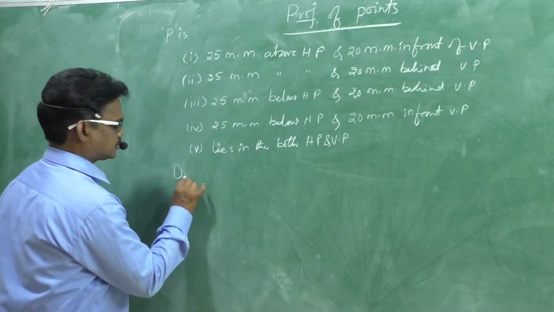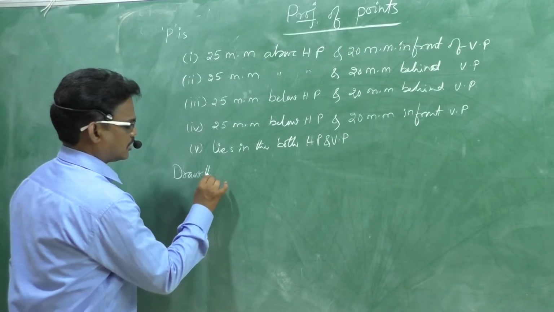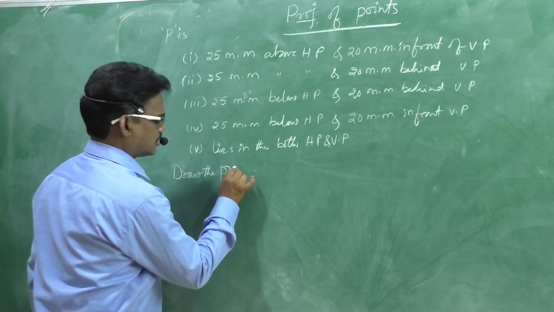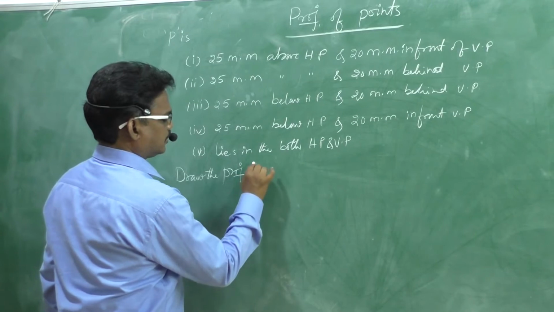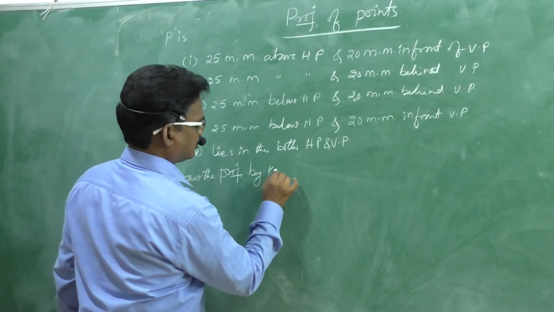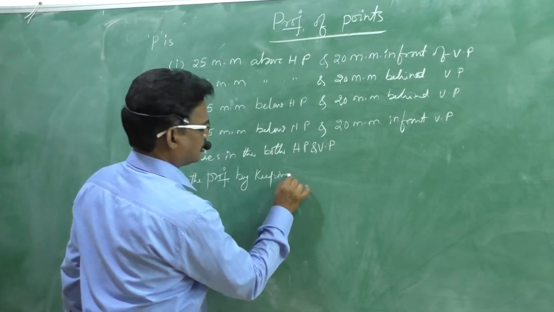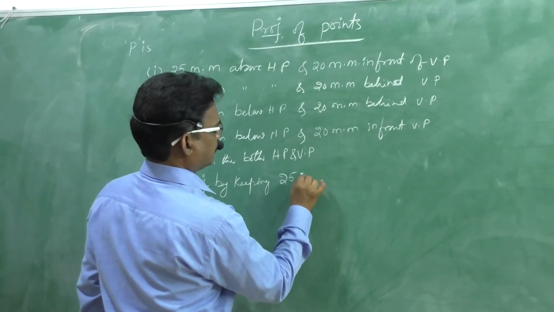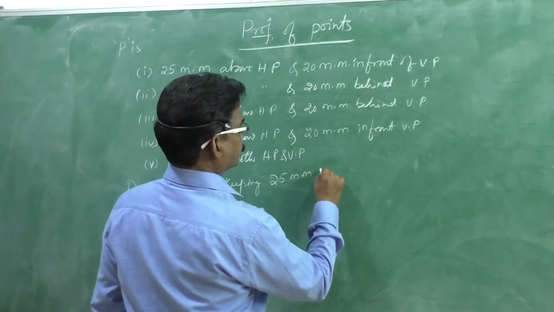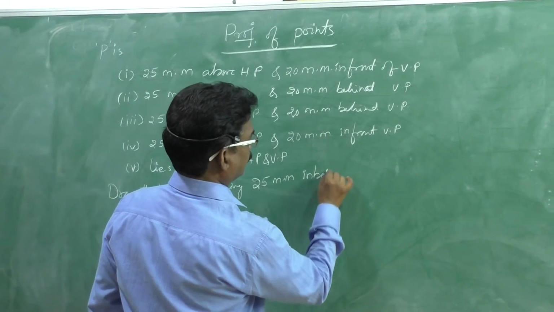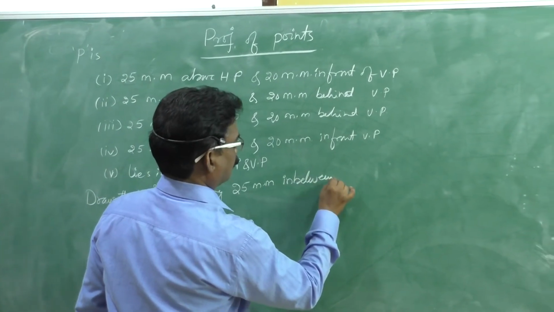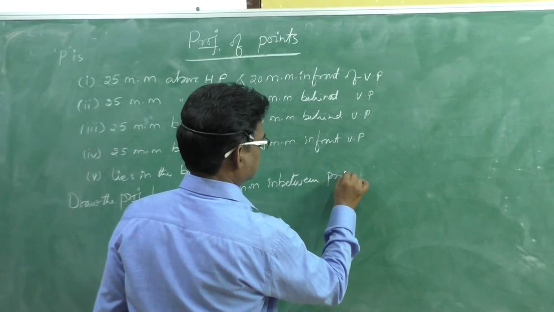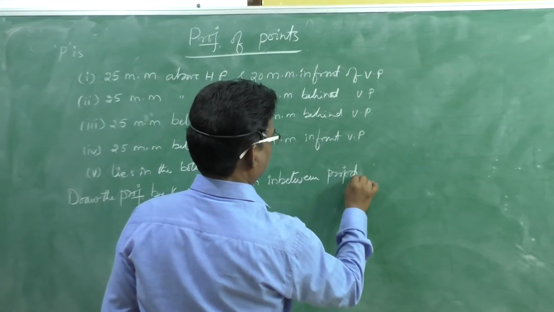Draw the projections by keeping 25 mm in between projectors.